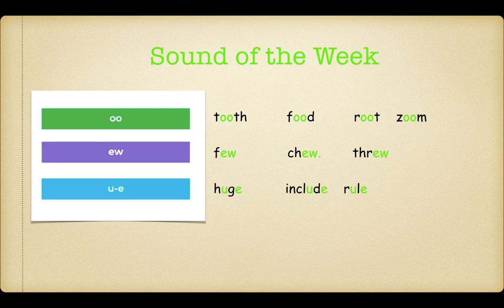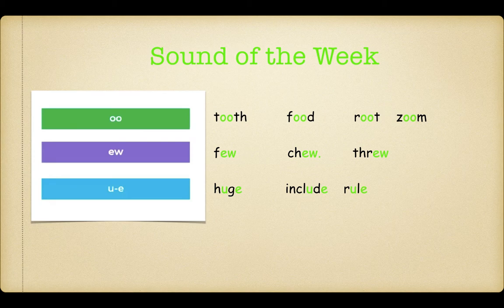So we have huge with the split digraph, G in the middle of U and E, include with D in the middle of U and E, and rule with L in the middle of U and E. So let's run through our words one more time, all using the U sound.